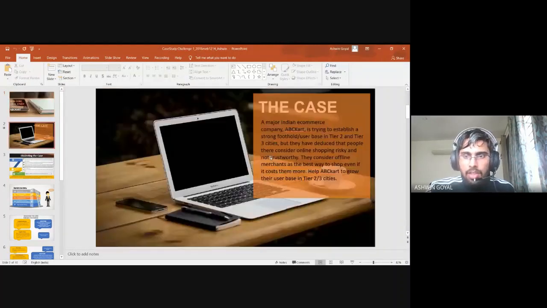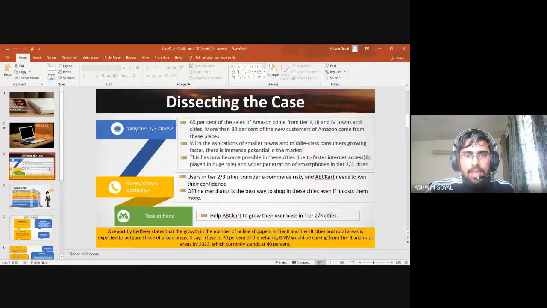So I started with just writing the case. Then I tried to dissect the case. I tried to understand what exactly they mean by each line within the case. So I compared ABC Cart with Amazon, and I noticed that 65% of the sales of Amazon come from tier 2, 3, and 4 towns and cities. And yeah, so I understood why tier 2 and tier 3 cities. Why is the company trying to target these cities?